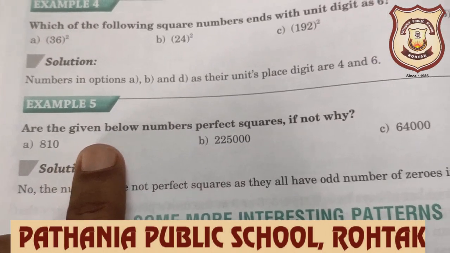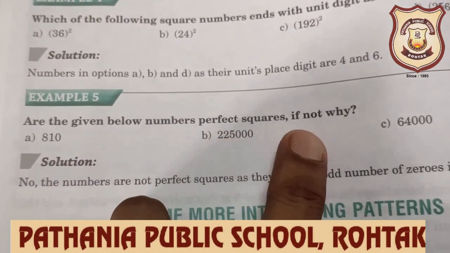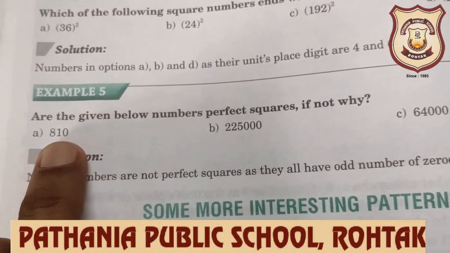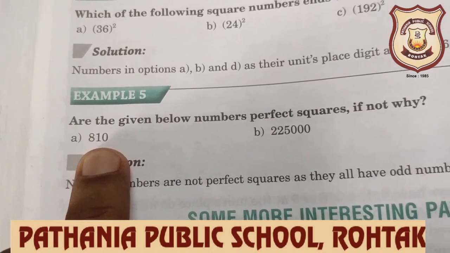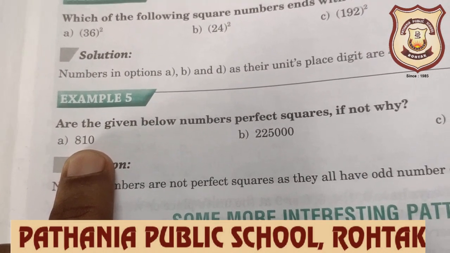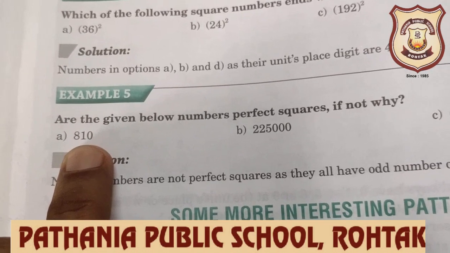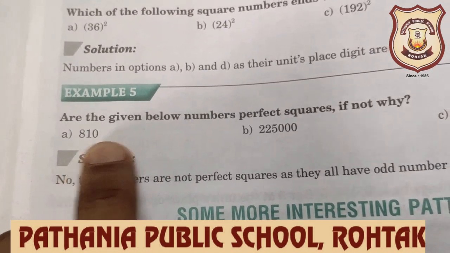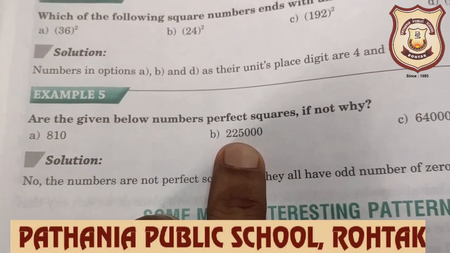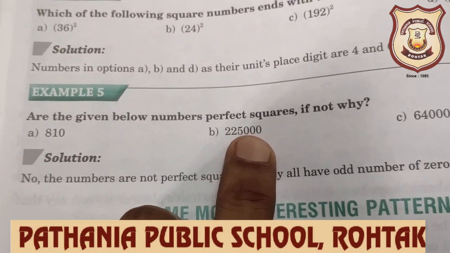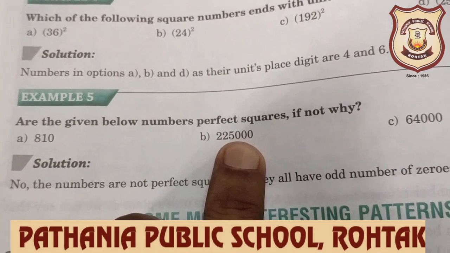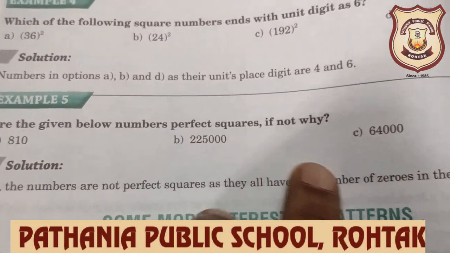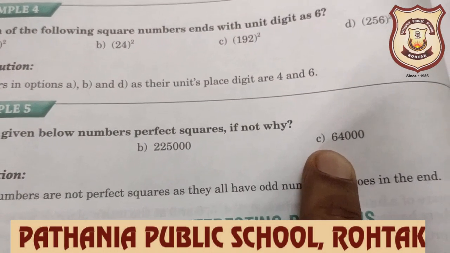Next, are the given numbers perfect squares? If not, why? Is this a perfect square? No, because only one zero is there. The numbers having an odd number of zeros are not perfect squares. This one is a perfect square because 3 zeros are there at the end. So this is also not a perfect square. This one is a perfect square.